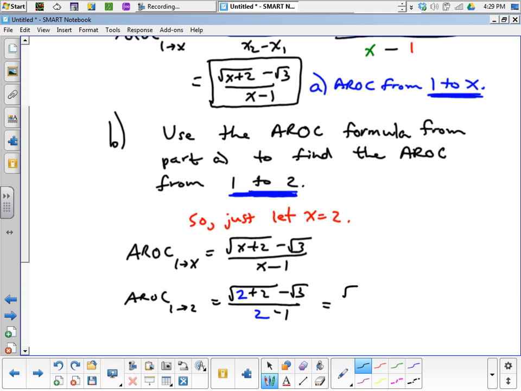So we just end up with square root of 4 minus square root of 3 all over 1. Okay, so the answer is 2 minus rad 3. Okay? Then that would be kind of how your answer looks.